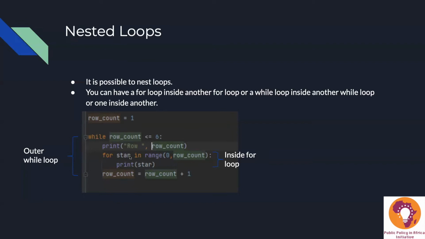In this case, we have for star in range, then we print star. Star will be a number here, so it would be 0 to 1. We start at 0, it would print 0, and since row count is exclusive, it would only print 0 the first time. Then we increment row count here, so that eventually our while loop will evaluate to false.